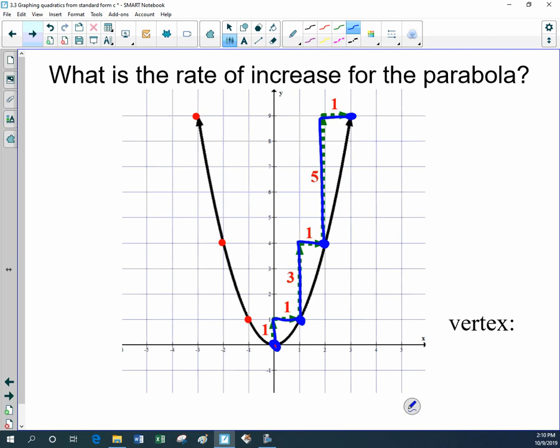The next time we would go up 7 and then over 1. And it's the same thing on each side of the graph. On the left-hand side, we go up 1 over 1, up 3 over 1, up 5 over 1, and here's our parabola.